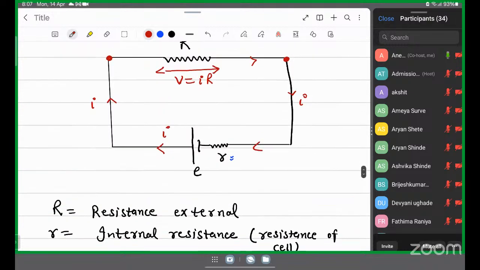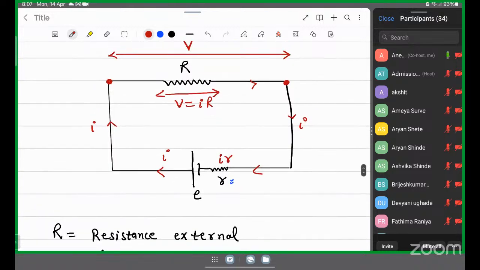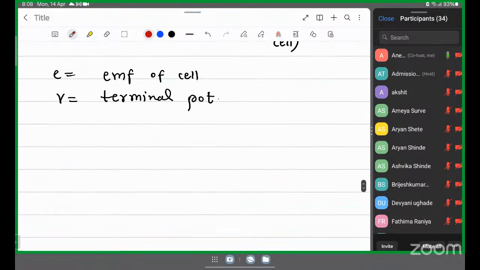And how much energy will be utilized here? This will be I into small r. Because the cell is in series combination with the resistance, there will be current I throughout the circuit, current I for capital R and current I for small r. The potential drop for capital R will be I into capital R and the potential drop for small r will be I into small r.